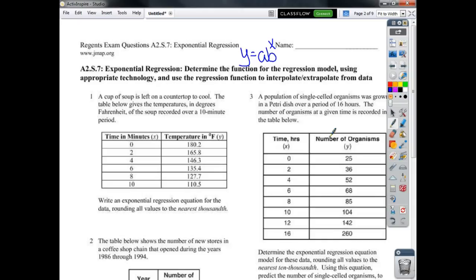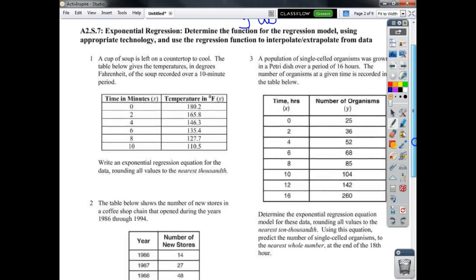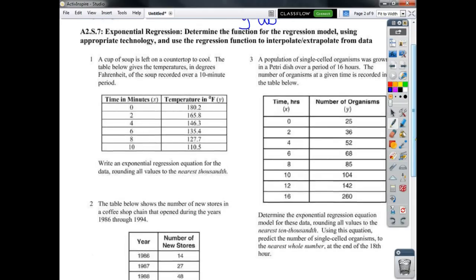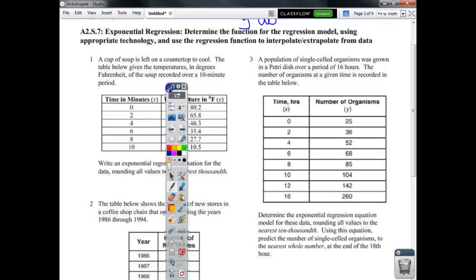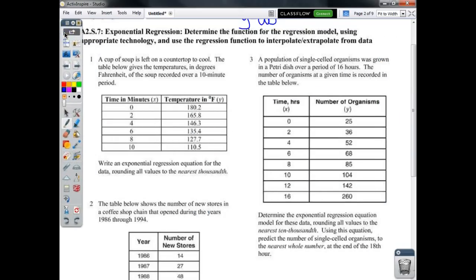Okay, so I'm going to go over number 3. A population of single-celled organisms was grown in a petri dish over a period of 16 hours. The number of organisms at a given time is recorded in the table below.